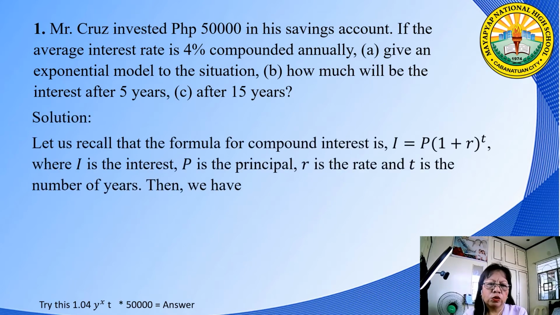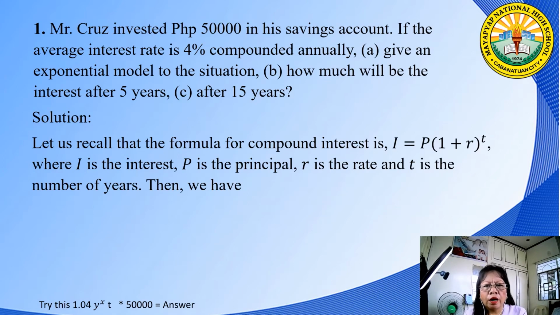So the solution. Let us recall the formula for compound interest: I equals P times quantity 1 plus R raised to T, where I is the interest, P is the principal, R is the rate, and T is the number of years.